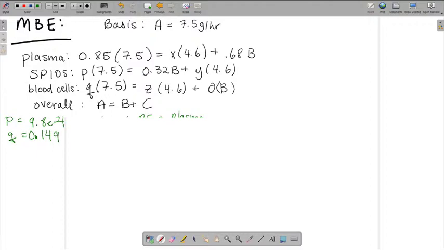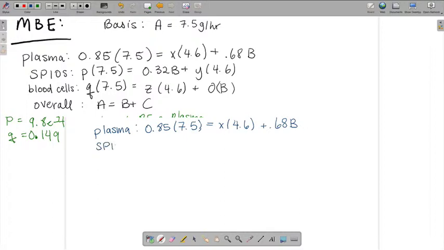We can say that for plasma, 0.85 of 7.5 equals x times 4.6 plus 0.68 times b.